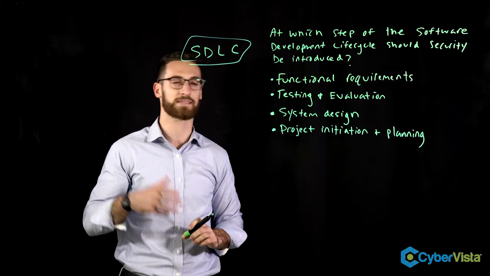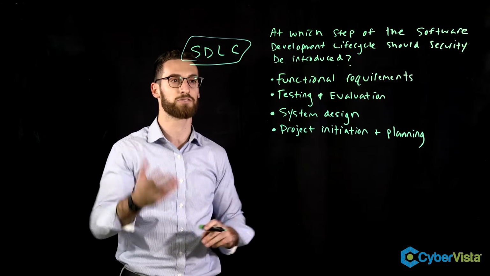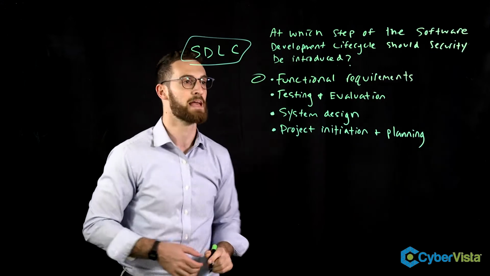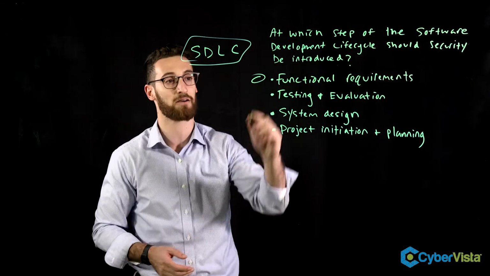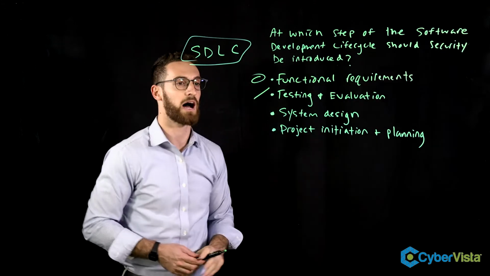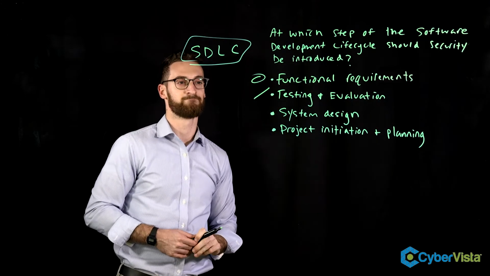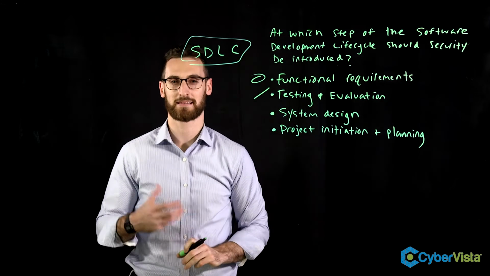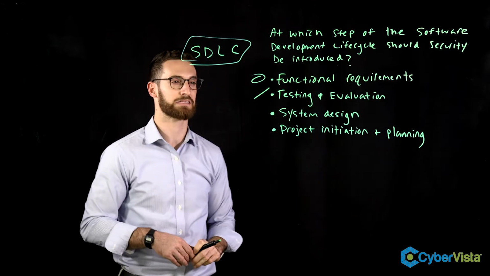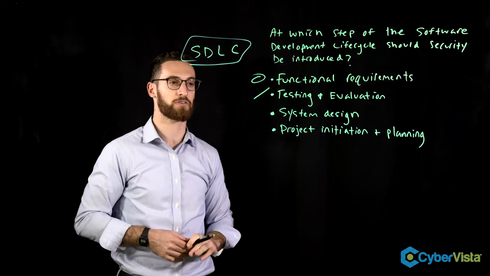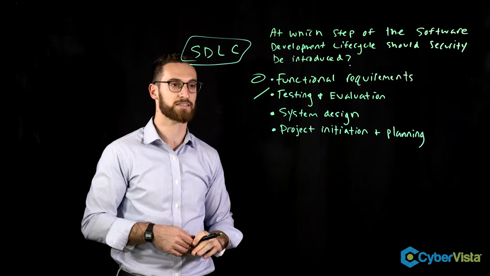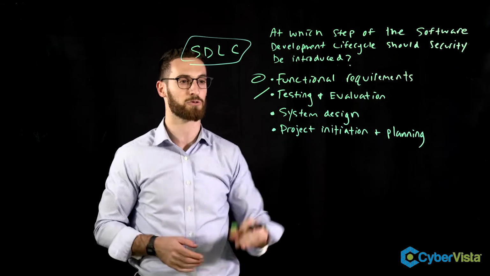So functional requirements, how is it actually going to work? What is it going to do, right? So maybe, but probably not. Testing and evaluation, again, that probably happens later, right? System design. Again, that sounds something very, very specific. It's even too technical to be like a very, very first step. We're certainly designing the system, but again, it sounds like the functional requirements.